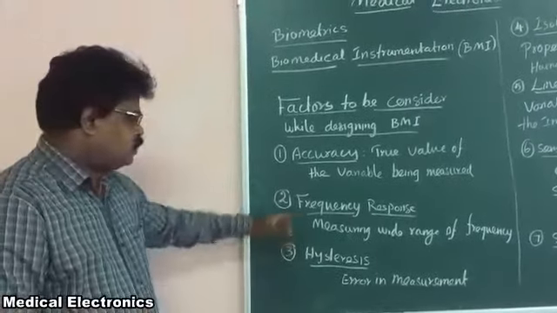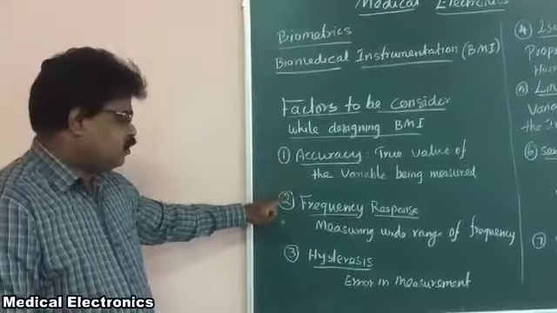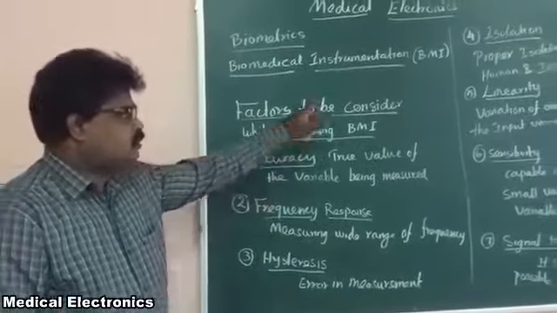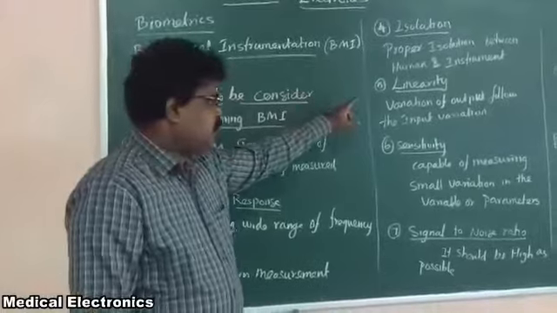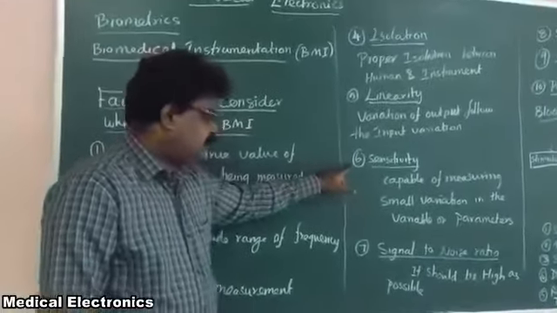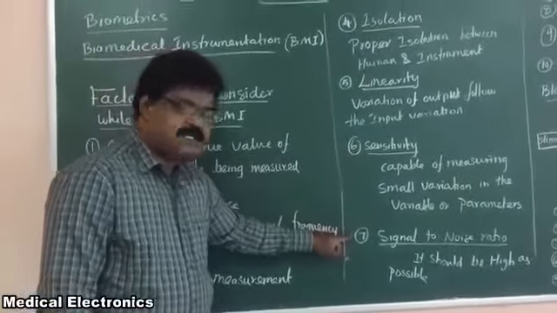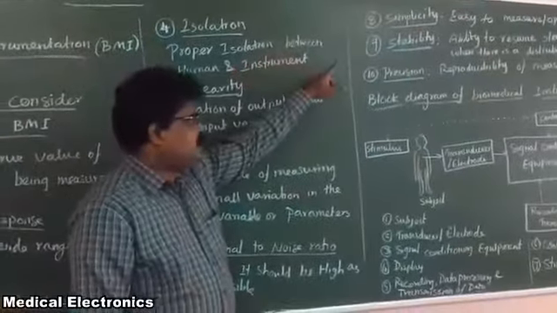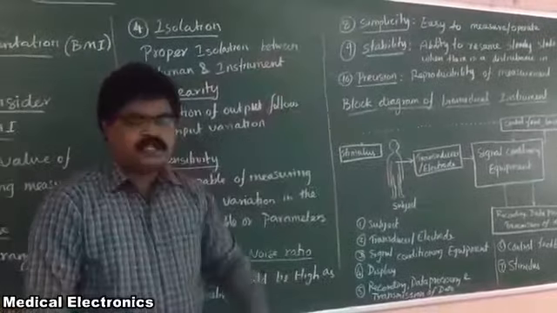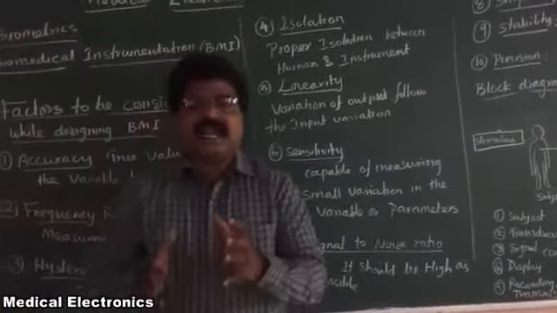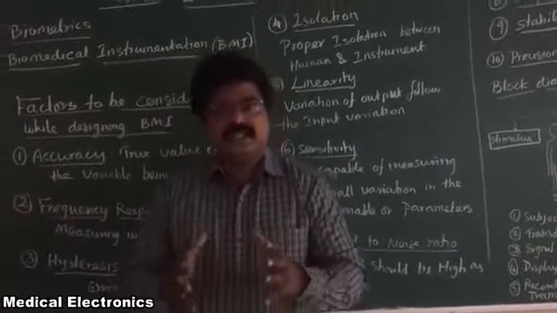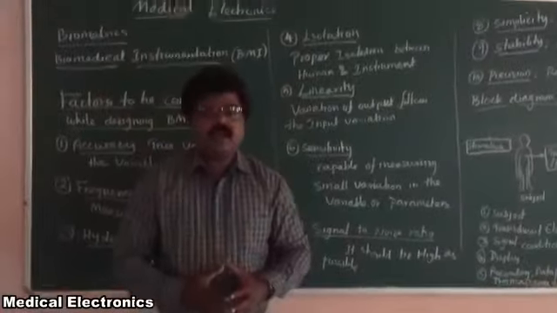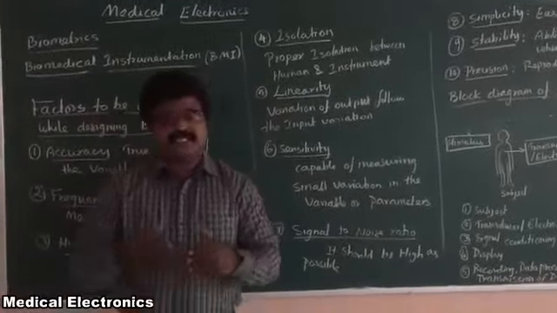They are: first, accuracy; second, frequency response; third, hysteresis; fourth, isolation; fifth, linearity; sixth, sensitivity; seventh, signal to noise ratio; eighth, simplicity; ninth, stability; and last, precision. These 10 parameters are to be considered while designing a biomedical instrument. Next we will see them one by one.